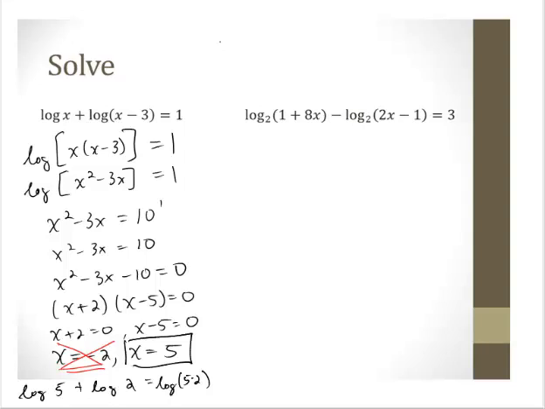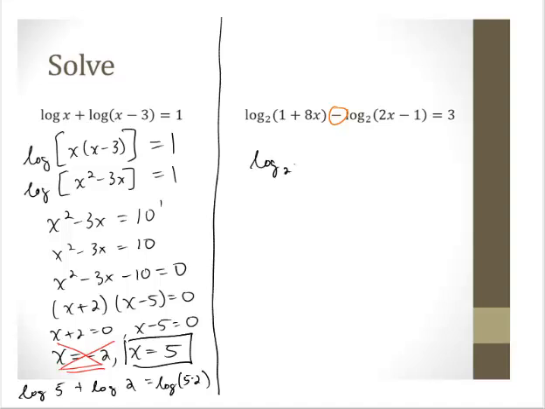Let's look at another example. Log base 2 of 1 plus 8x minus the log base 2 of 2x minus 1 equals 3. Alright, since we have a subtraction here, I can write a quotient.